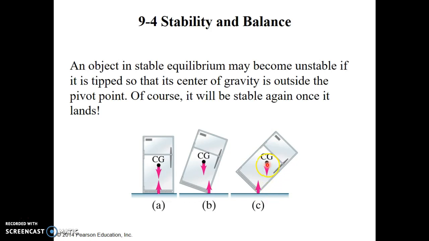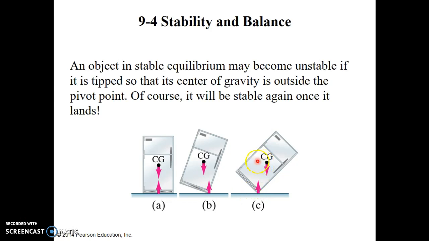First is note that as soon as this refrigerator falls, reaches the ground again, that's going to create its new stable equilibrium position. So whenever you have an unstable equilibrium, it'll just create a new stable equilibrium later on. That's not the critical point. The critical point is what happens right in between B and C.